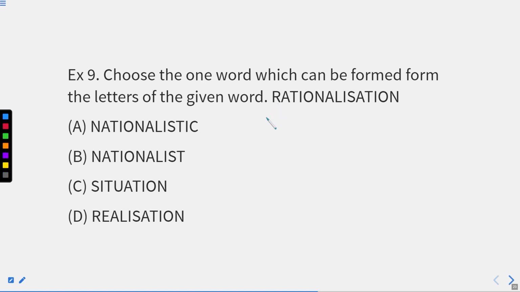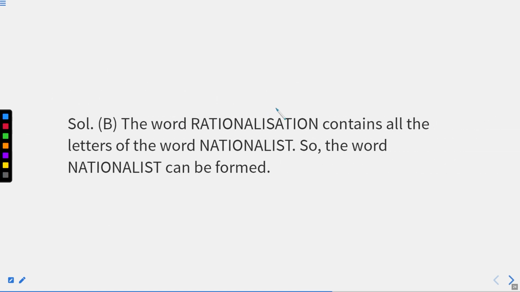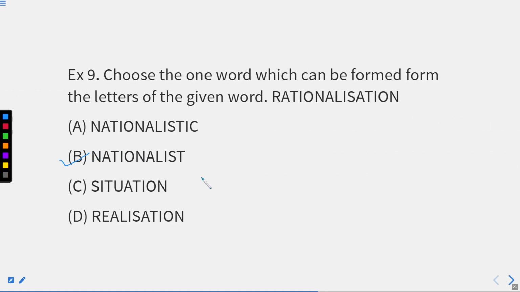If you look very carefully, you will see that option B, nationalist, is a word which can be formed with the help of the letters of the word rationalization. Hope it is clear. So the word rationalization consists of all the letters of the word nationalist, so nationalist can be formed, right? I hope you get the answer, option number B.